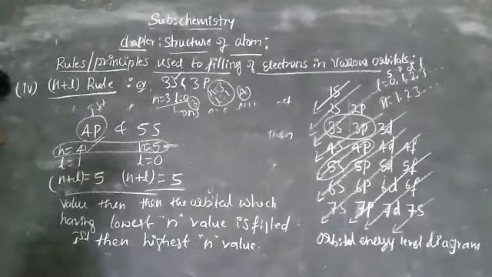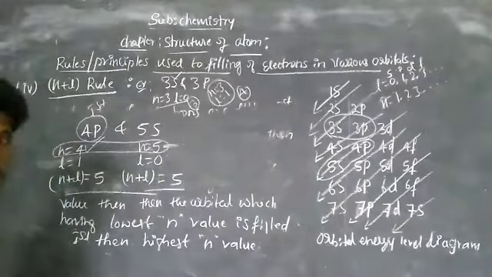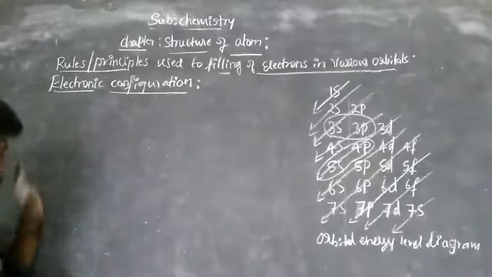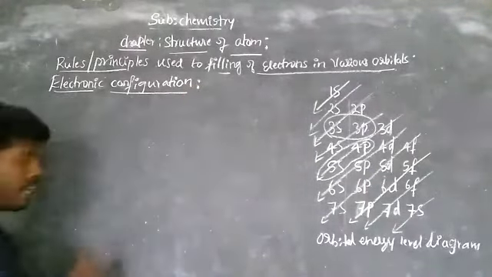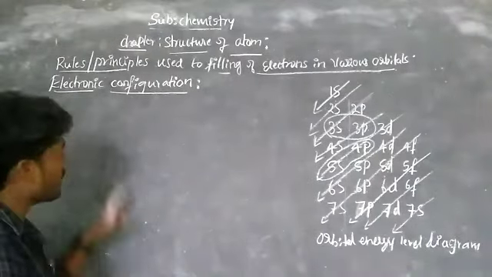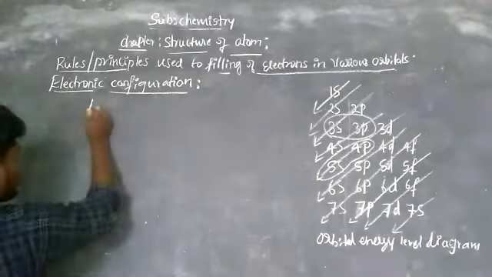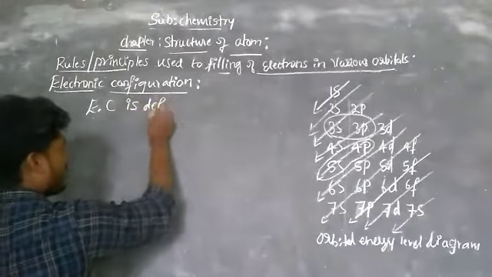Now we are going to study electronic configuration based on these four rules. The next concept is electronic configuration. Electronic configuration is defined as the filling of electrons in various orbitals.